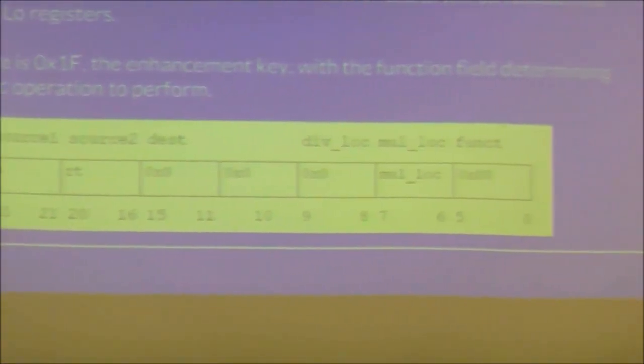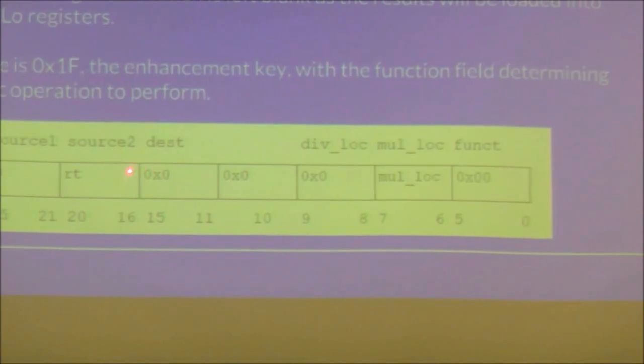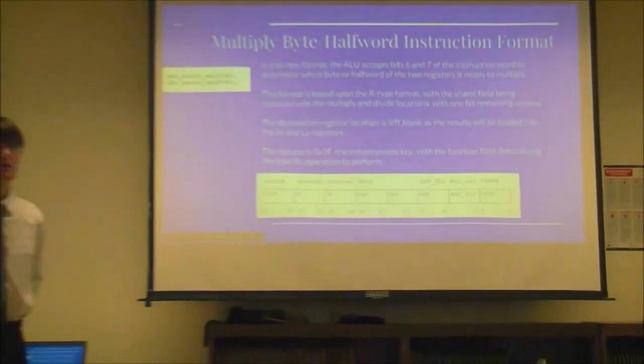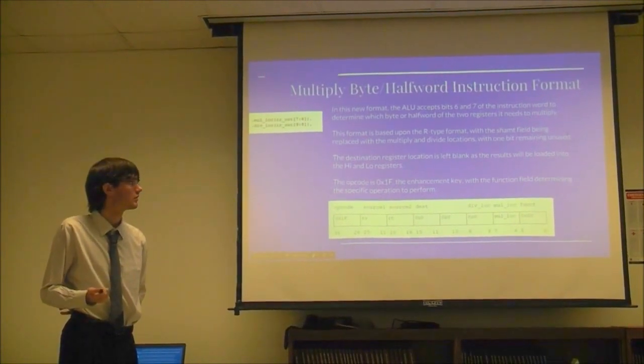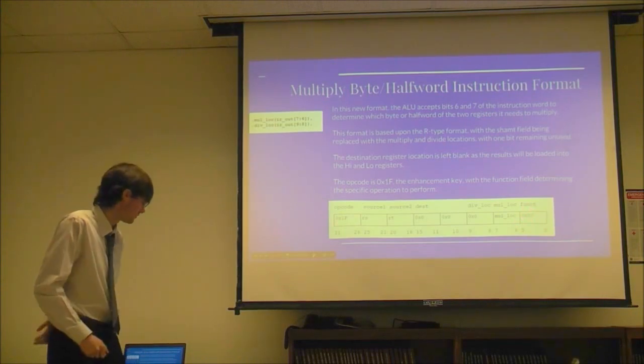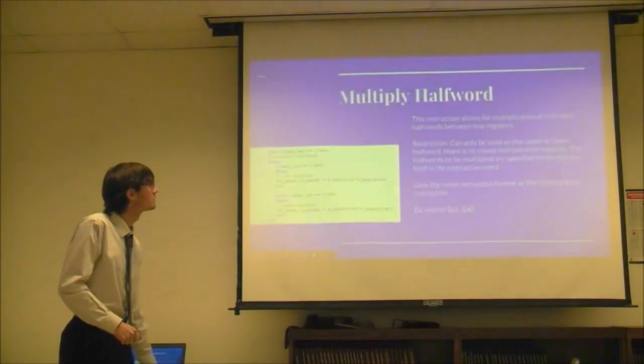The destination register field is also left blank, as the results will be loaded into the high and low registers, as in a regular multiply. And we have the opcode, and then the actual function to be performed is located in the function field.